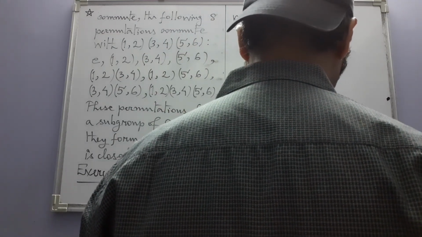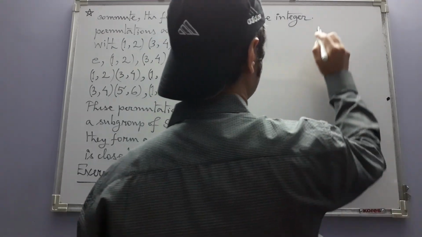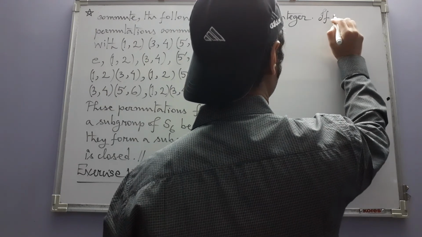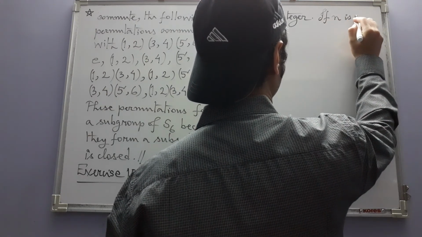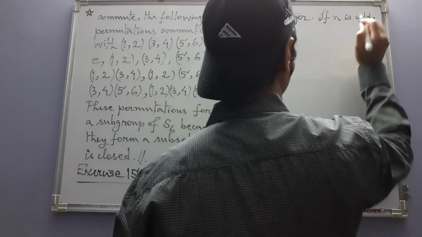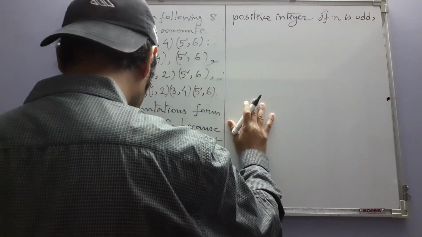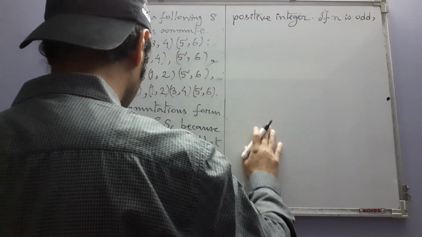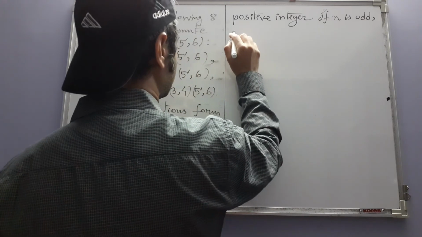If n is odd, is an n cycle an odd permutation or an even permutation?